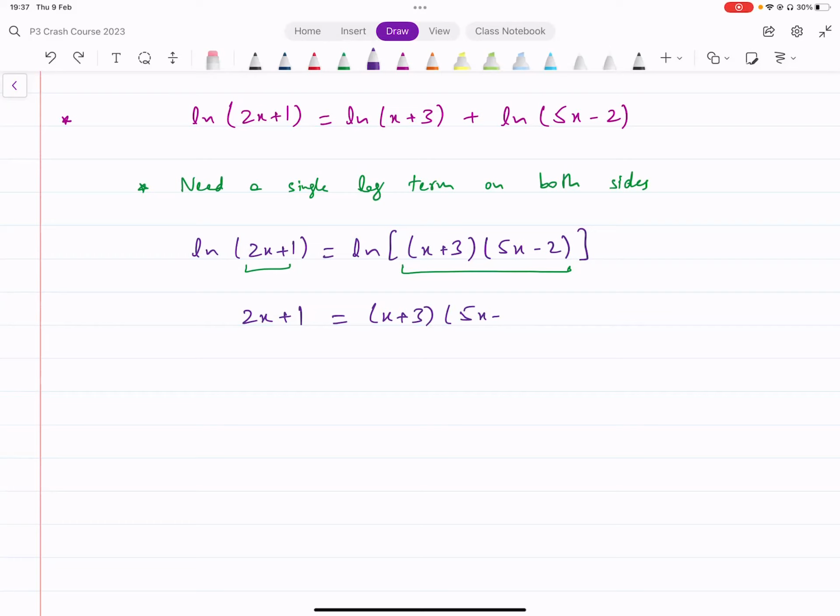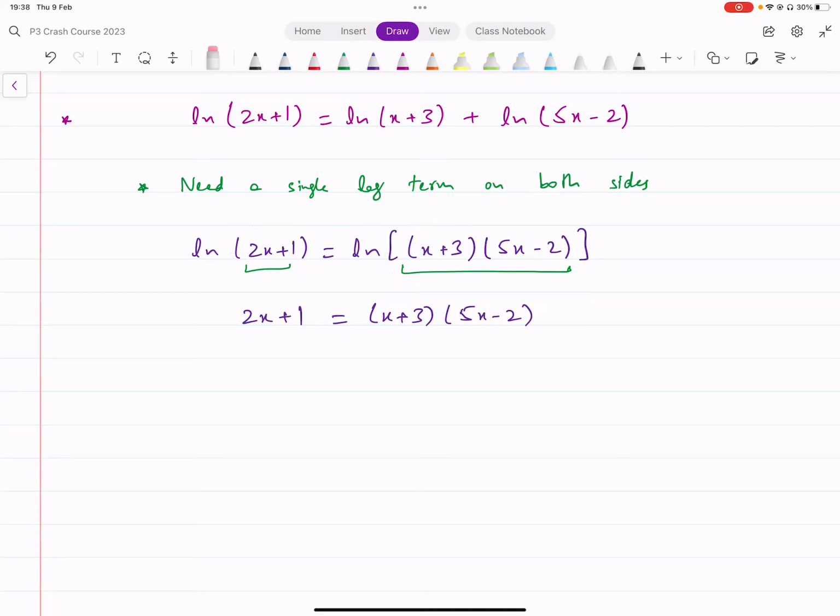And now that's a simple quadratic equation that you can solve and find the values of x from. Okay, so you first need to convert it to a single log term on both sides. Once you're done with that, then you could get rid of the log like this, because if the log of this expression and this expression are equal, then the expressions inside also should be equal.